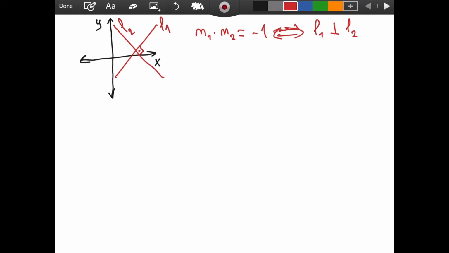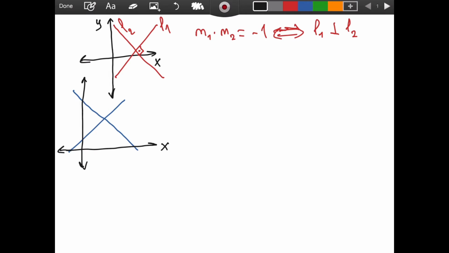So how could we prove this? To start our proof, I will make the picture bigger. Let's have it drawn like this, and we have axes again. We have two lines. Again, this is x, this is y, and I will just call them by their slopes so that it will be easier for us to keep track of, m1 and m2.